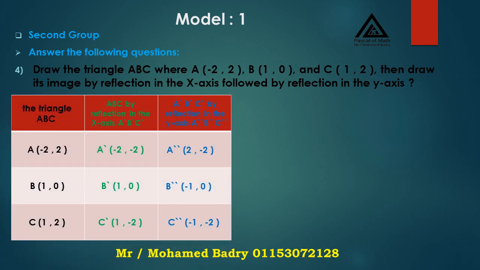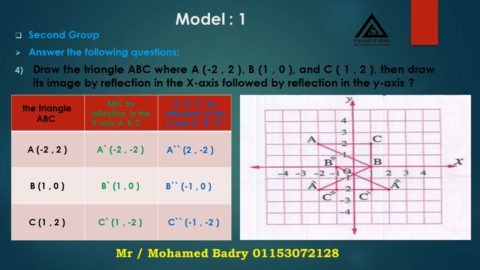Now we want to draw the triangle ABC, and draw the triangle ABC by reflection in the x-axis, which became A dash, B dash, C dash, and we want to draw the triangle A dash, B dash, C dash by reflection in the y-axis, which became A double dash, B double dash, C double dash.